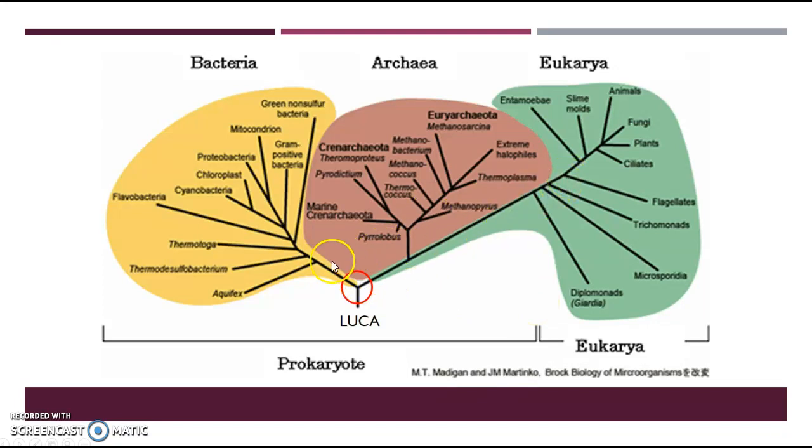So this phylogenetic tree shows the relationship between the groups, and you can see that Archaea and Eukarya share a more recent common ancestor, and you can see that right here at this branch. So the Archaea and the Eukarya are more closely related than these groups are to the bacteria. But these cells originated from one ancestral cell type that is now extinct.